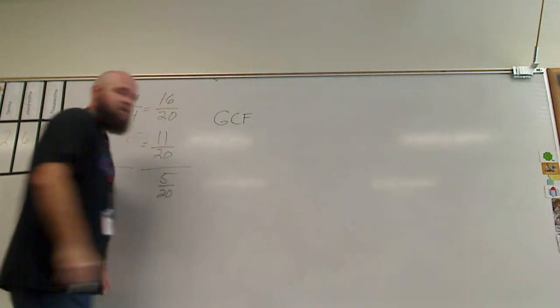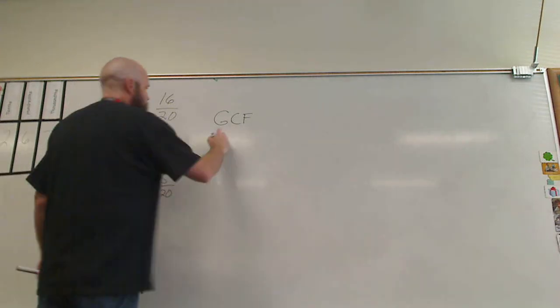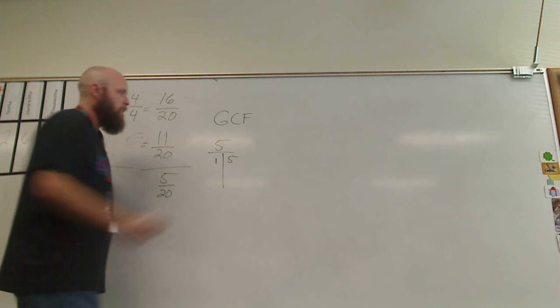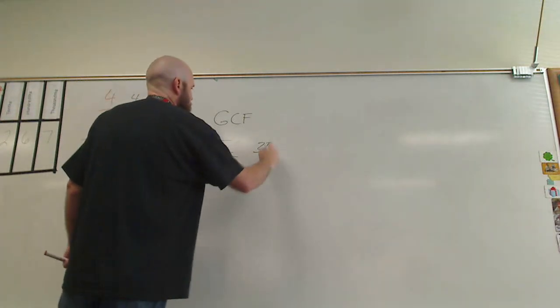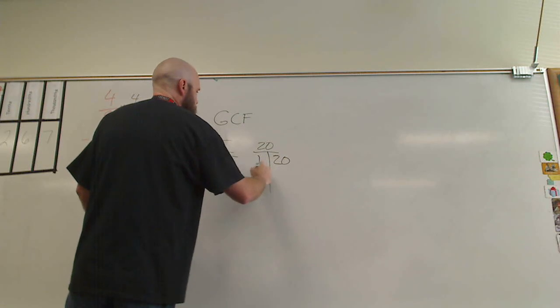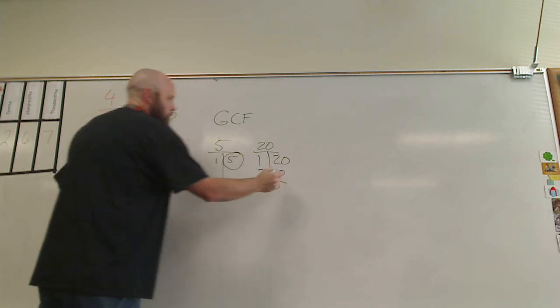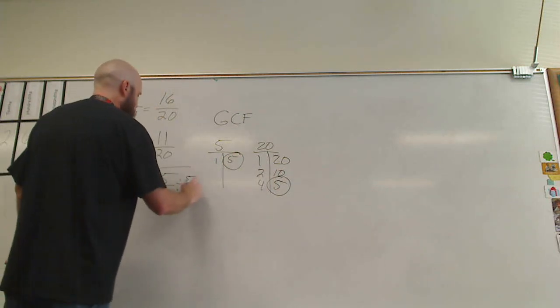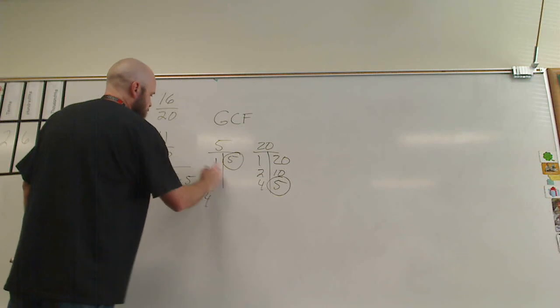I'm finding the greatest common factor of 5 and 20. My factors of 5 are 1 and 5. My factors of 20 are 1 times 20, 2 times 10, 4 times 5. They have 5 in common. We divide these both by 5, and we get an answer of 1/4.